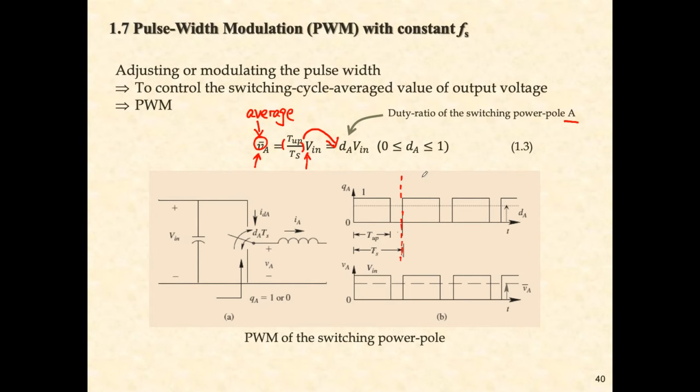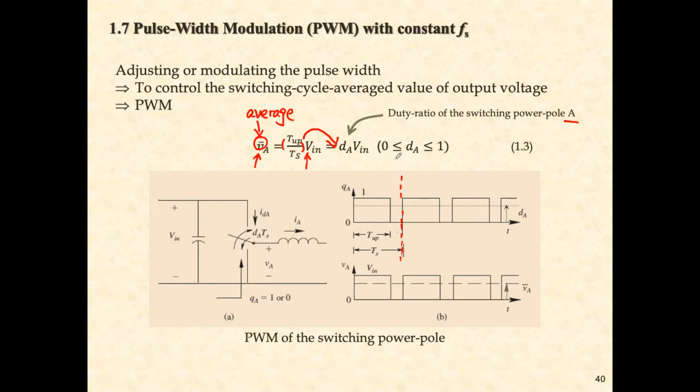It is because in practice there is more than one switching power pole, so we need to name them A, B, C, etc. Each switching power pole has its duty ratio and output voltage, so we need the subscript for each of those parameters.